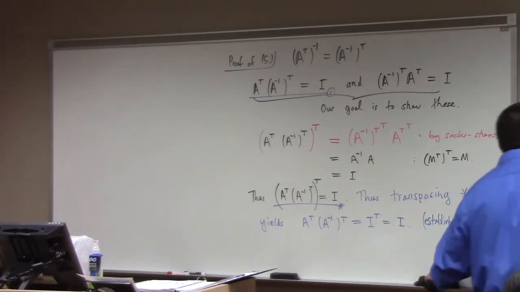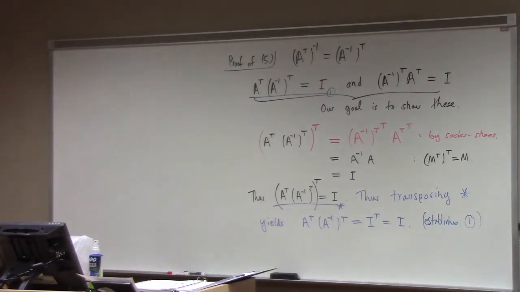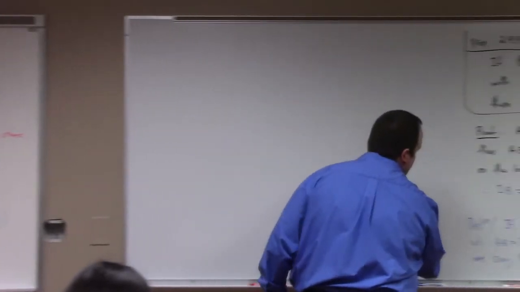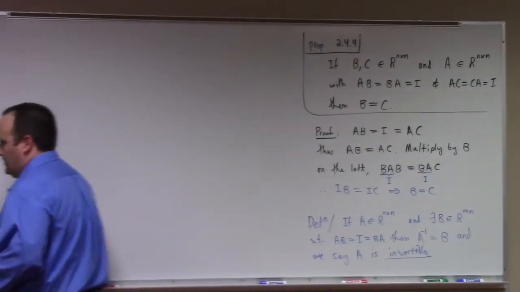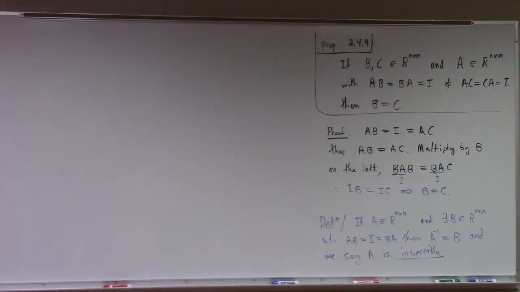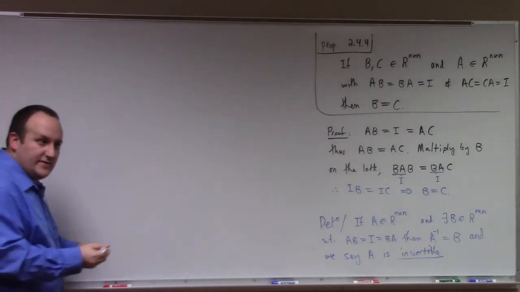I gave you the formula for a 2 by 2 inverse last time, right? So there's some low-hanging fruit we can pick here already. We're going to learn that we can write systems of equations.